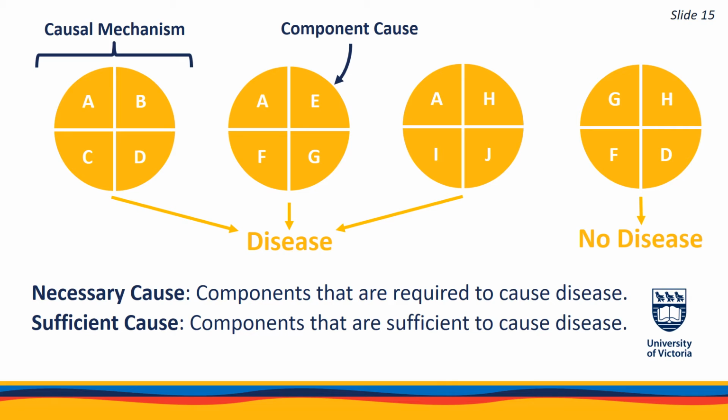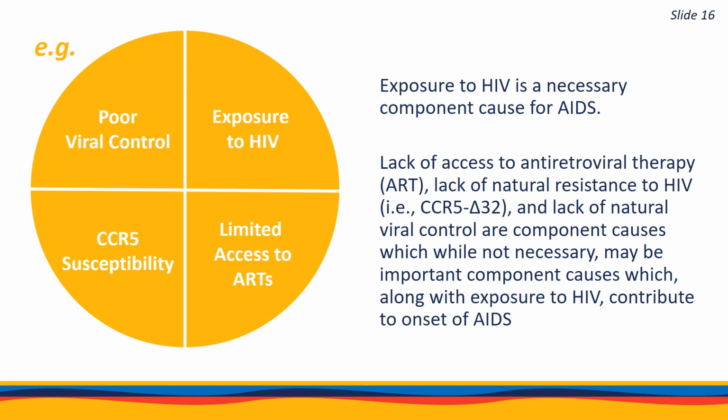For example, exposure to plutonium or uranium might be sufficient to cause cancer. Whereas in other things, it's more complicated than that. Something like HIV, simply exposure to the HIV virus isn't necessarily enough to cause disease. It's not necessarily sufficient. You may also need to lack resistance to the HIV virus.